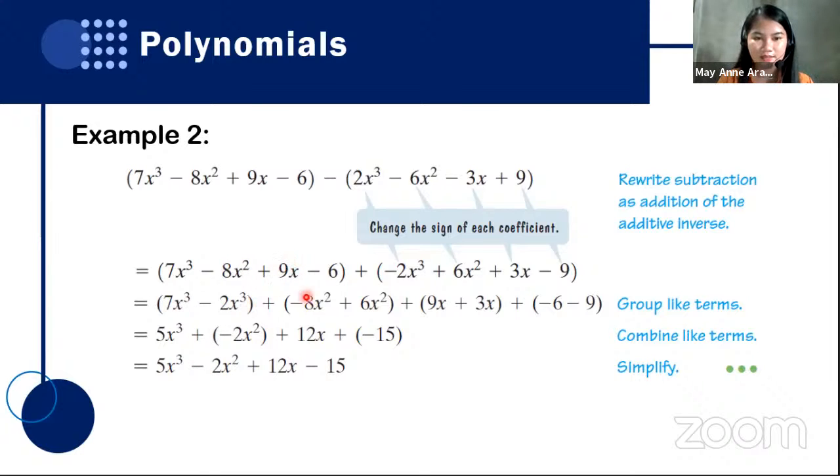And for 9x plus 3x, that is 12x, and negative 6 minus 9. So, same lang sign. So, add, copy the common sign, negative 15. So, this is the final answer: 5x cubed minus 2x squared plus 12x minus 15.